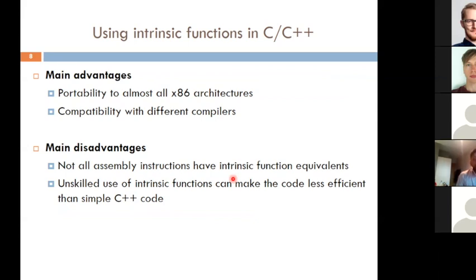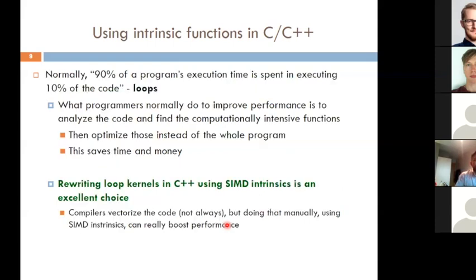For example, not all assembly instructions have intrinsic function equivalents, so it may not be compatible. A naive use of intrinsic functions sometimes makes the code less efficient than simple serial C++ or C code. So there are some problems with using intrinsics as well.